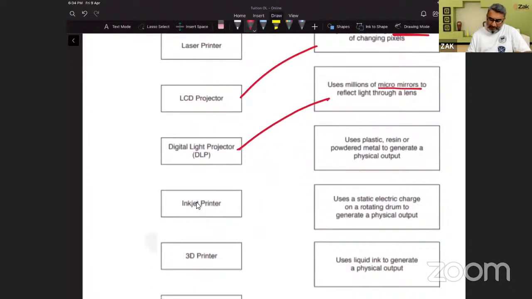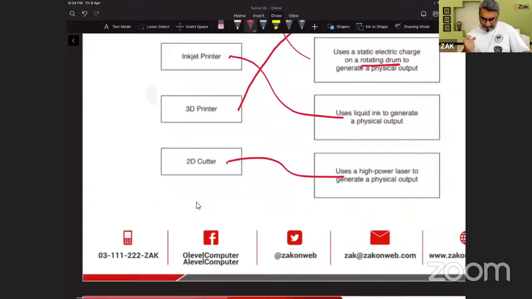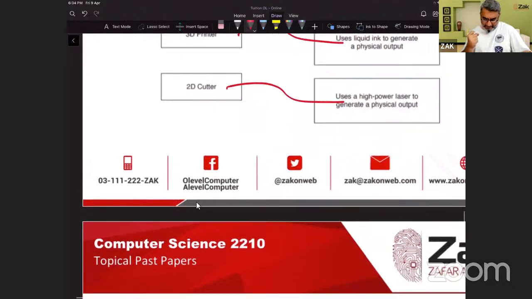This is a 3D printer. Uses static electric charge on the rotating drum. This is laser jet. Uses liquid inkjet. Uses a high power laser to generate physical output, 2D cutters. All right. Pay attention to keywords.